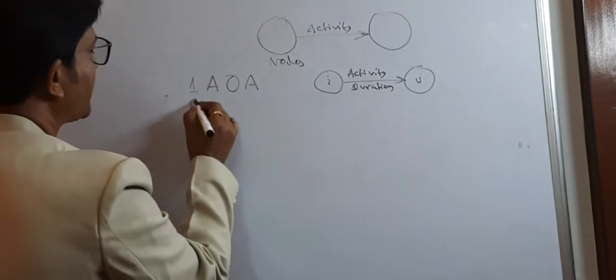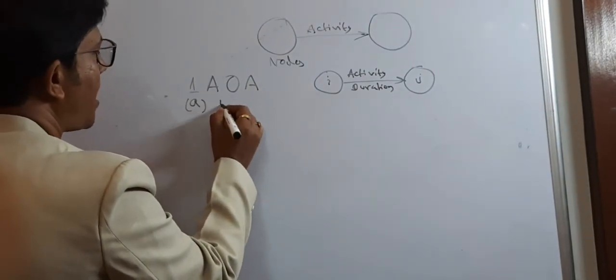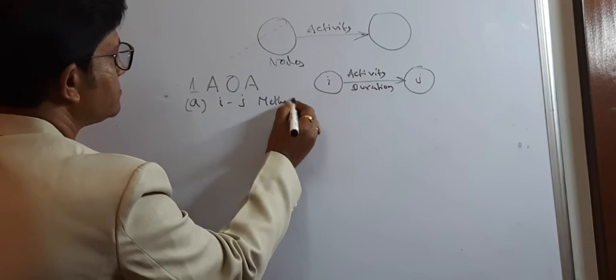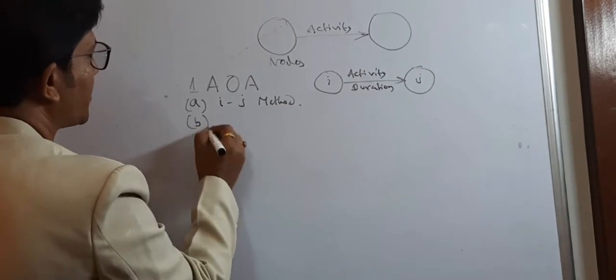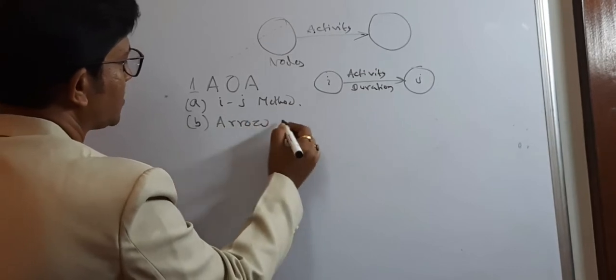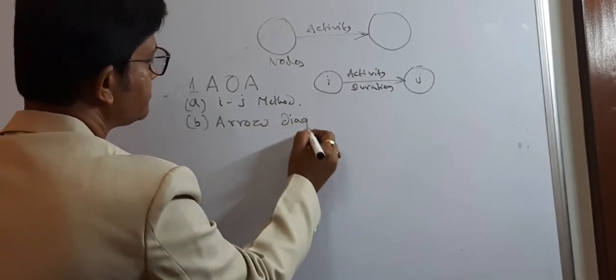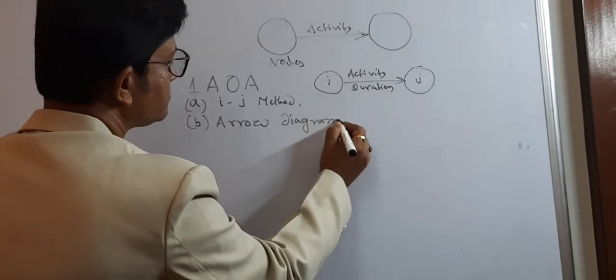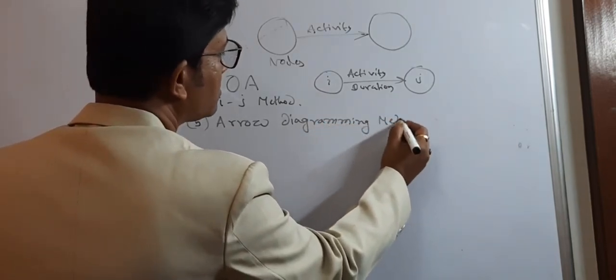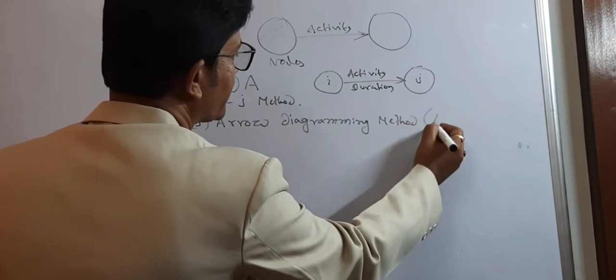This is also known as the IJ method. This is also known as the arrow diagramming method, that is known as ADM.